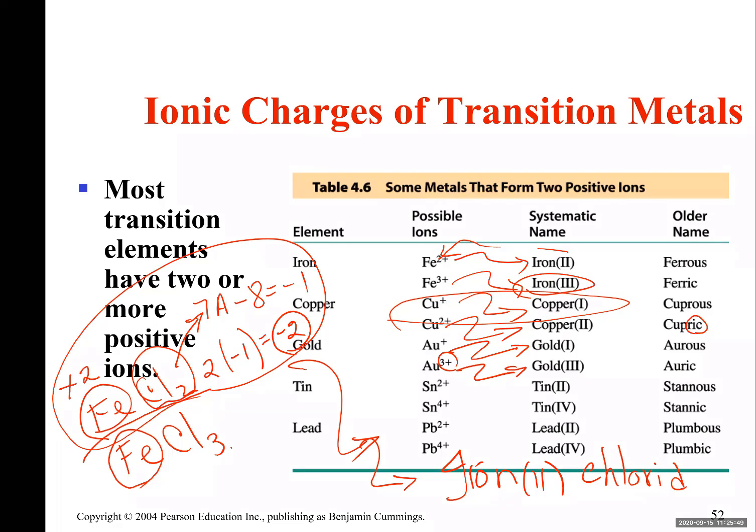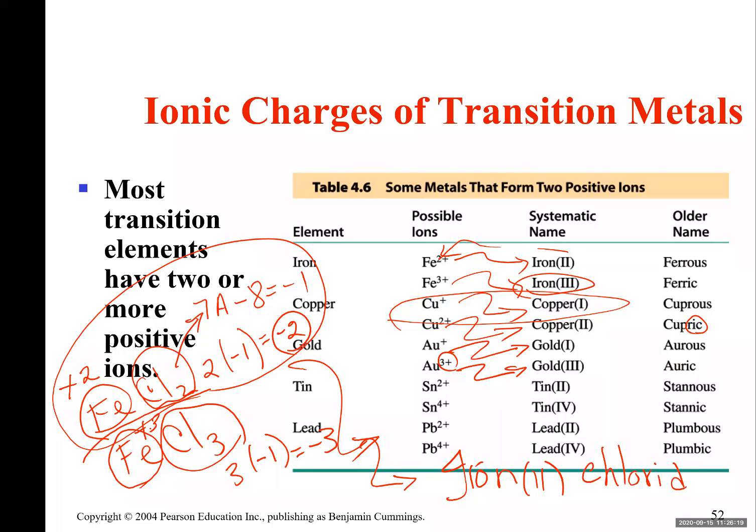And if I'm going to name the other one, FeCl3, they both of them exist actually. It's 3 chlorine, each chlorine -1, a total of -3 for 3 chlorine. So what should be the charge of iron to add to -3 to be 0? Is it +3? +3 adds to -3 to be 0.